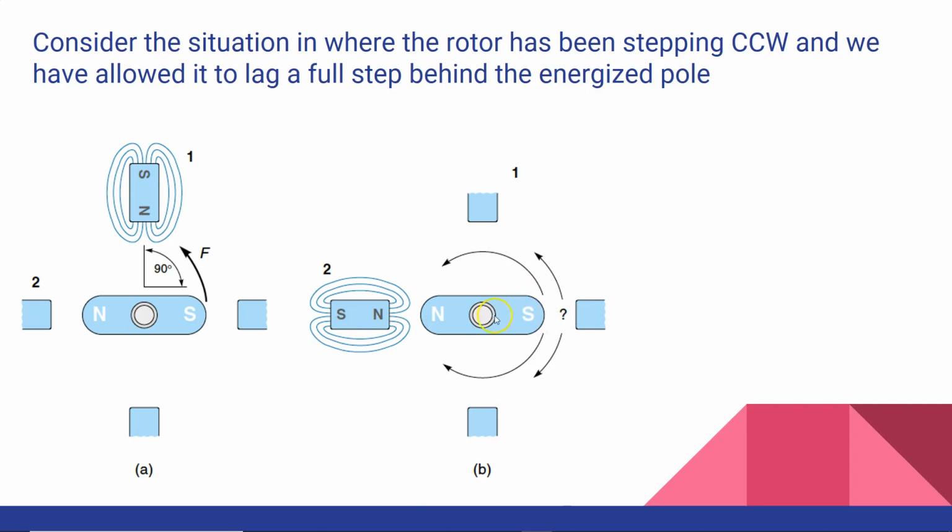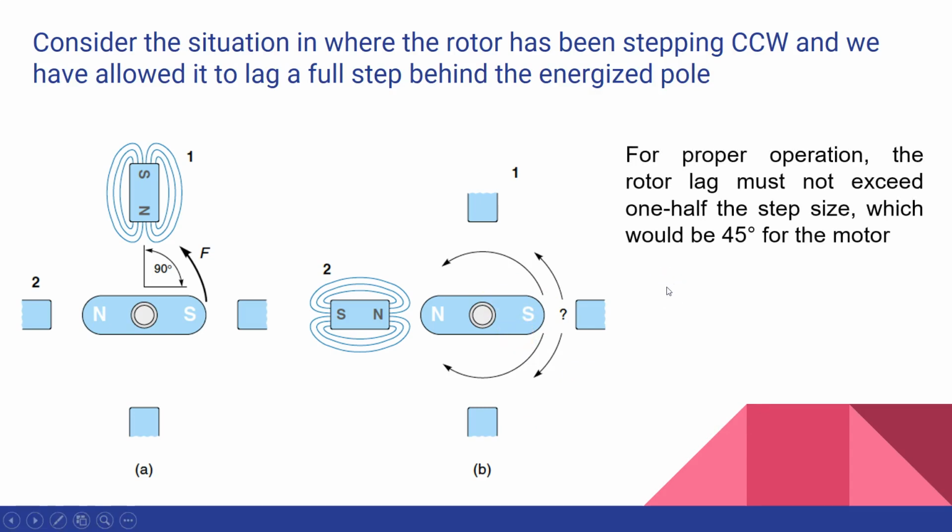We know that south and north poles attract, so this south pole of the rotor will have to move somewhere. In this particular situation, there will be little or no torque exerted, and this is like a balanced condition. The rotor will be attracted equally in either direction, and it cannot reliably be predicted whether it will turn clockwise or counterclockwise.